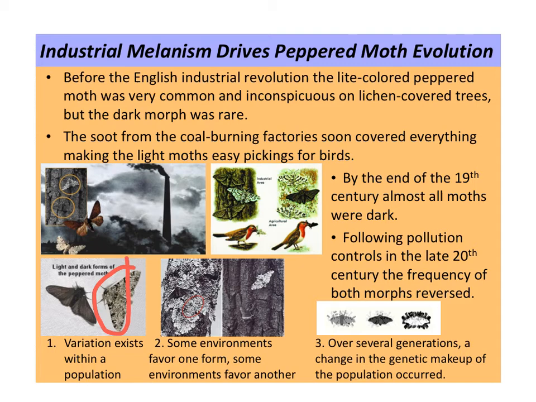It was only when coal was building up on the tree trunks that they were then selected against, and these suddenly became higher fitness. They survived better. So fitness is always a function of that specific environment. What's a winning hand in one environment is a losing hand in the other.